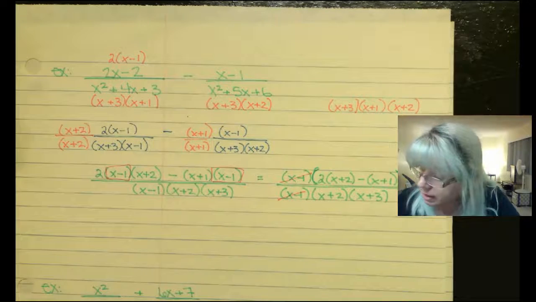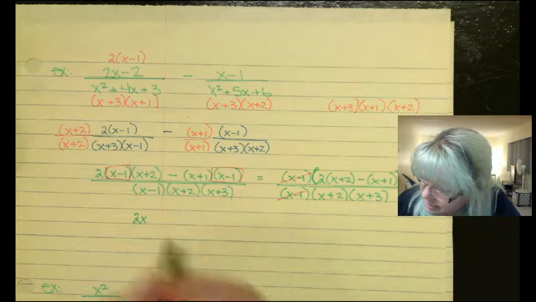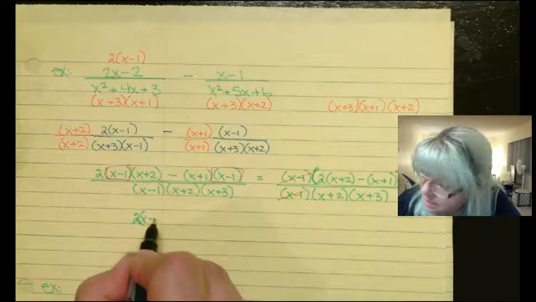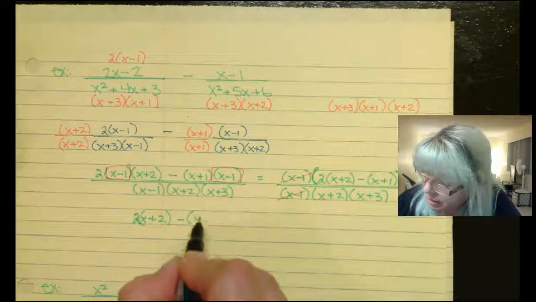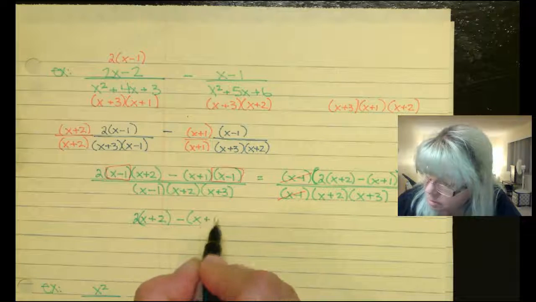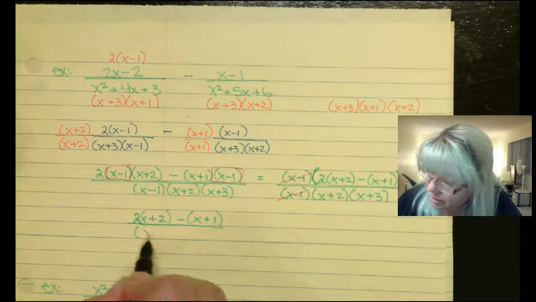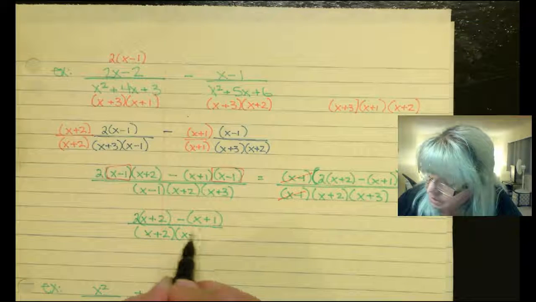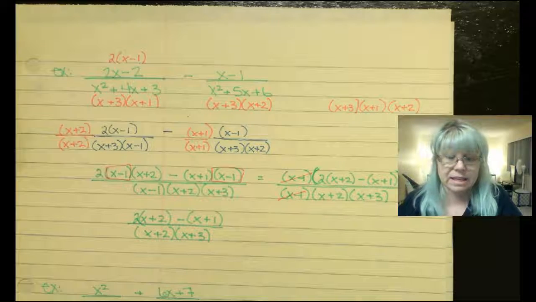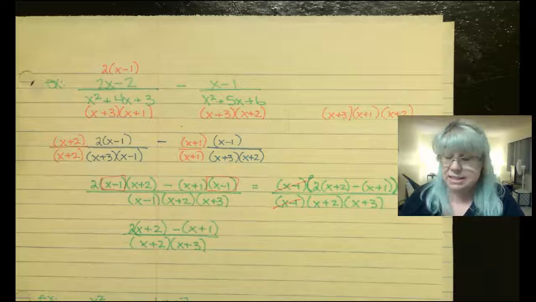Okay. Now I'm down to 2 times x plus 2 minus x minus 1, sorry about that, all over x plus 2 times x plus 3. Again, here's one of these situations where you want to sit back and think.